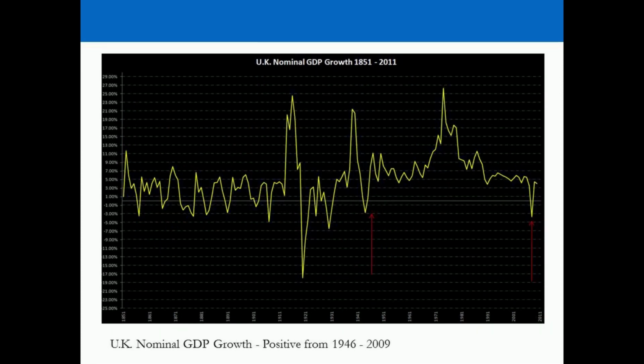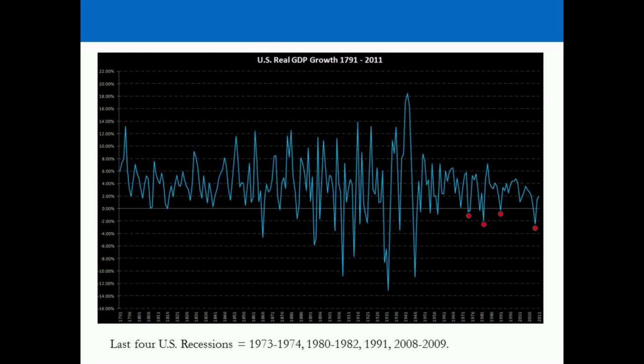UK nominal GDP, positive from 1946 to 2009. US real GDP, last 4 US recessions: 1973 to 1974, 80 to 82, double dip, 91, and 2008 to 9.